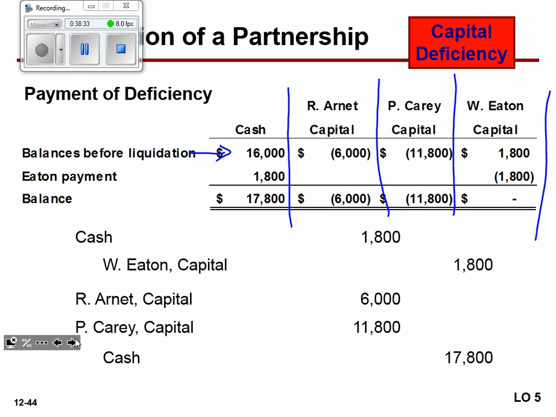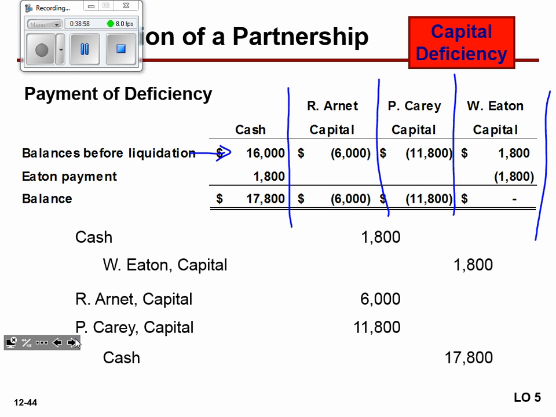They have capital deficiencies because they had to eat so much of the loss on assets. And so each partner, at the time of liquidation, is actually showing negative balances. Why are we paying off Eaton? Let me read this.